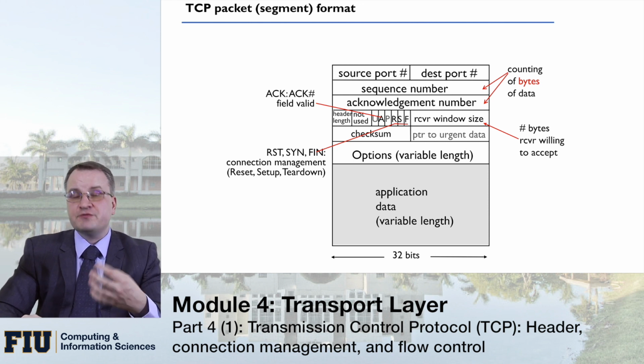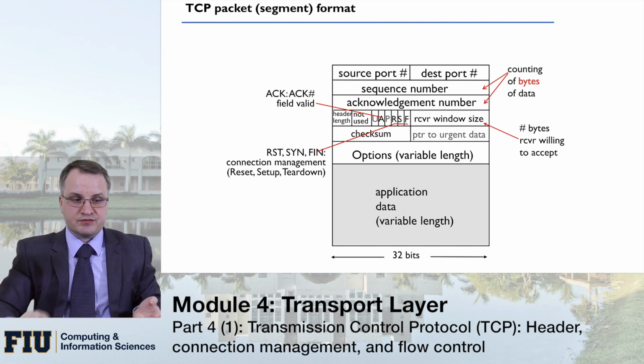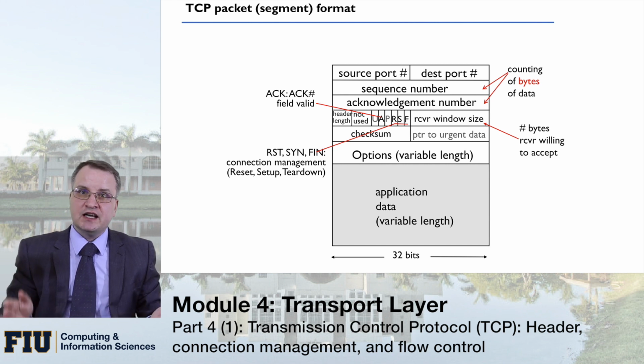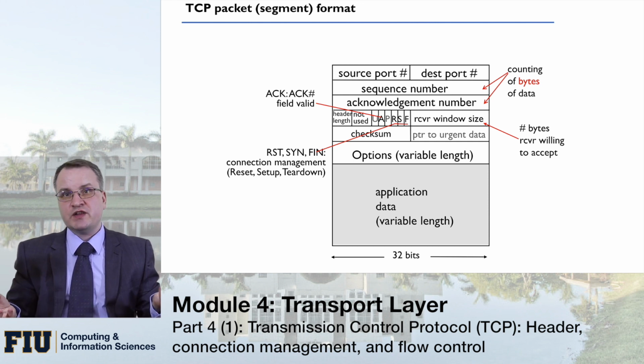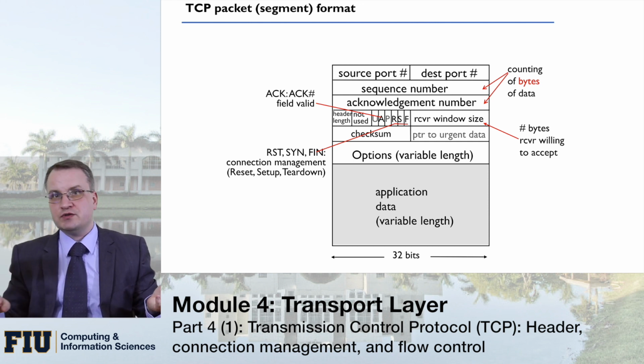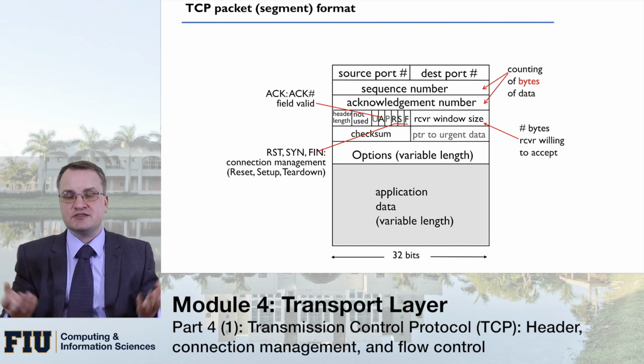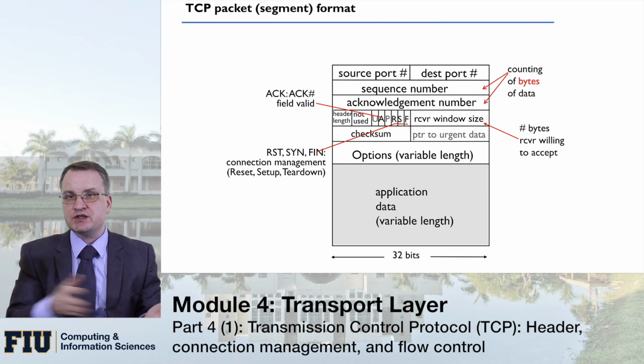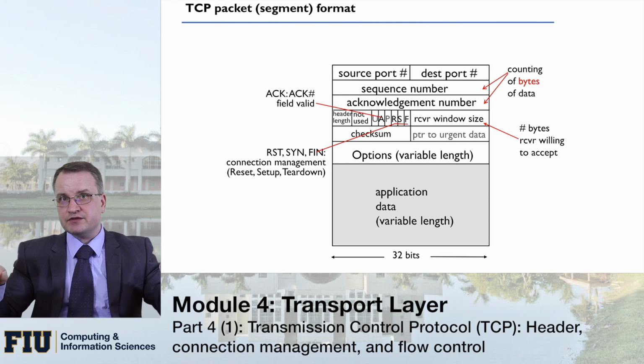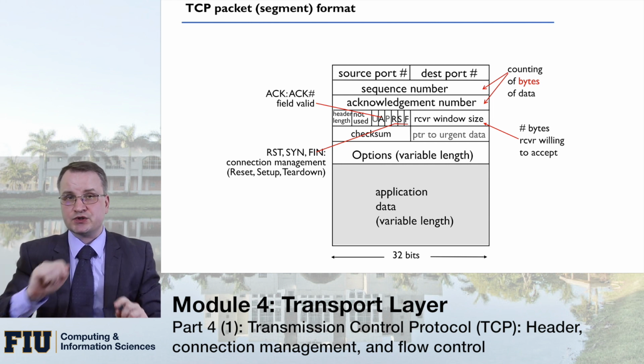And FIN, or final, is for the purpose of tear down. So basically, one flag indicates that the stream of bytes started, and the last one, FIN, indicates that the stream of bytes ended. Between these two flags, there's a flow of whatever packets are being sent out by the sender to the receiver, and this has to happen in both ways, as I will show you on the next slide.